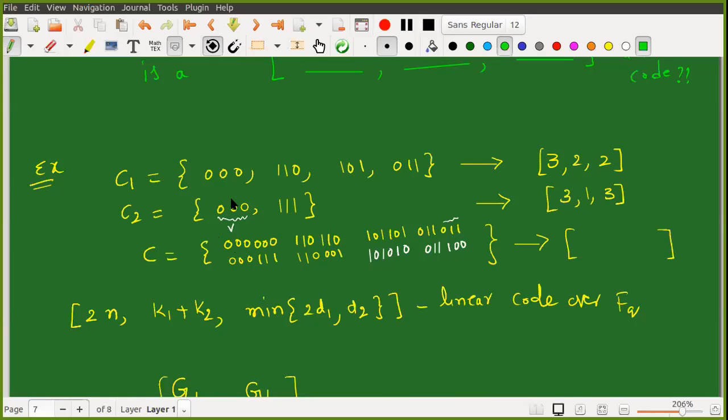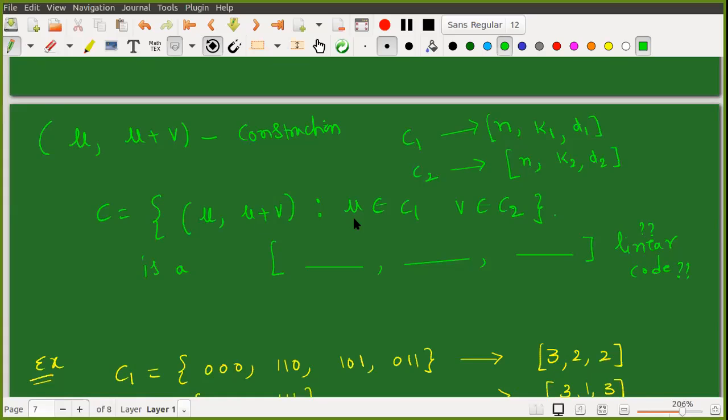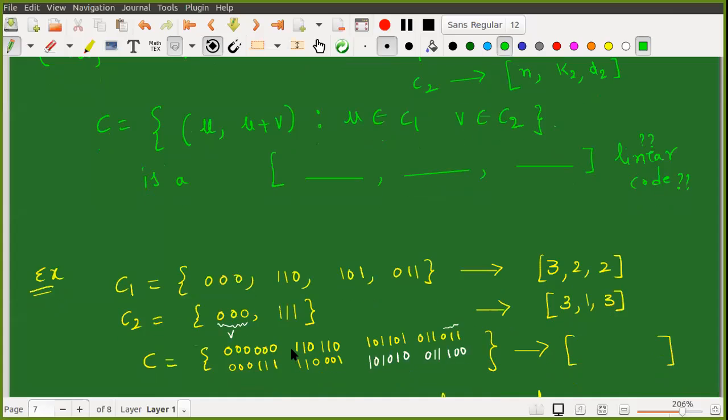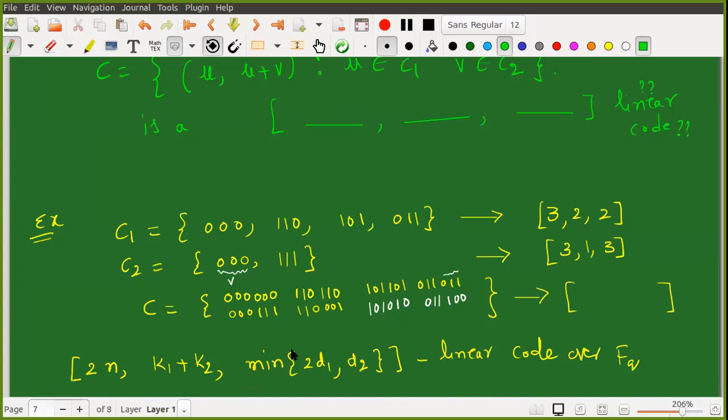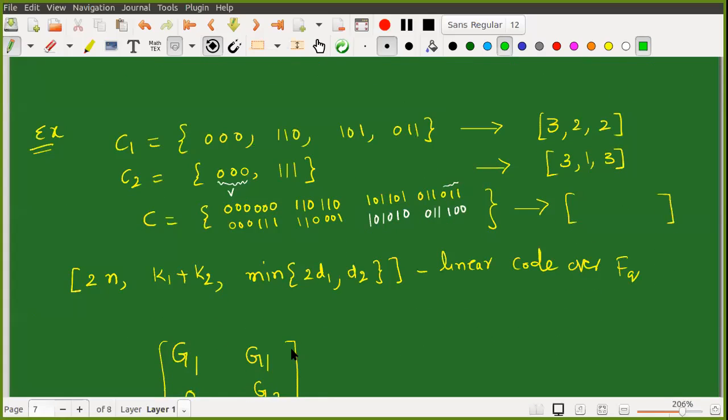What is it that we are doing in this code? u comma u plus v. u is this and v are these two, right? In u plus v, what will be there? We are putting this as it is and we are adding v to everyone.